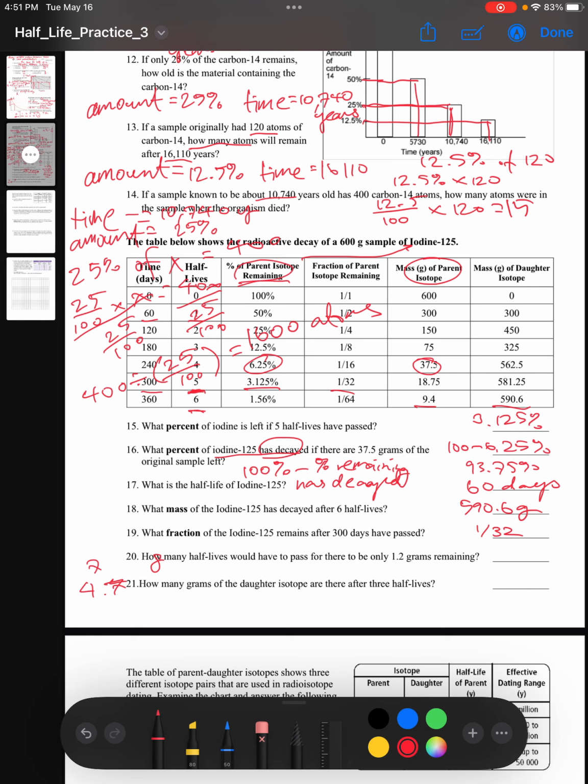That's about 2.35. After 9 half-lives, that's 2.35 divided by 2. That's about 1.2. So it would have to take 9 half-lives. How many grams of the daughter isotope are there after 3 half-lives? After 3 half-lives, there are 325 grams of the daughter isotope.